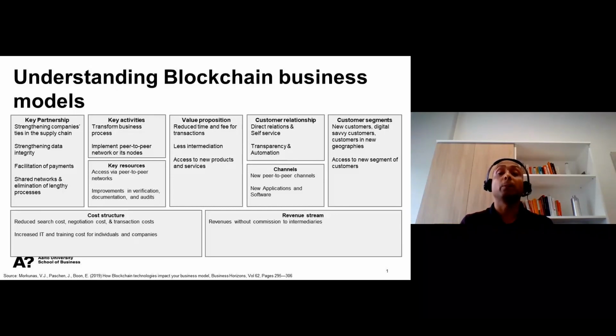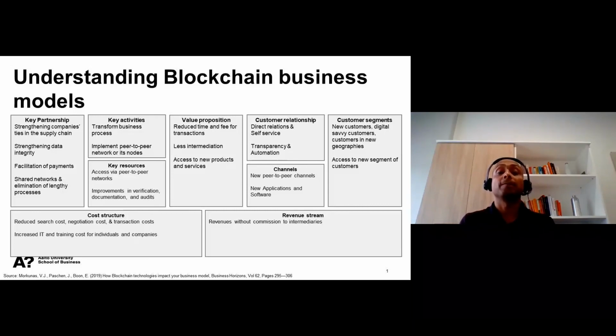However, the cost of deploying IT and training employees will rise in the beginning, since investment would need to be made to develop blockchain compatible software solutions as well as training employees to use the new systems.